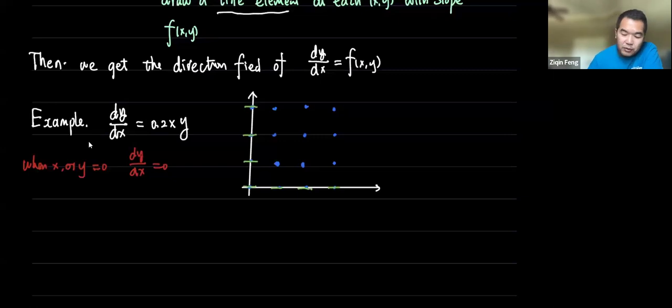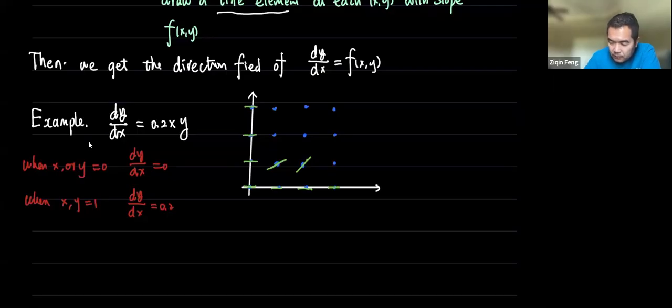If x, y equal 1, then dy over dx is 0.2, so you sketch a line segment with slope 0.2. You can do all the others if you want. This one is getting steeper, and this one is also a bit steeper.